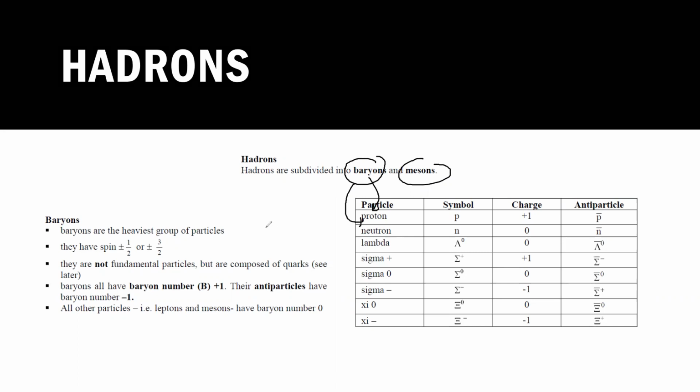For every quark, the baryon number is plus 1 by 3. For an antiquark, the baryon number is minus 1 by 3. Because a baryon consists of 3 quarks, each quark having plus 1 by 3, when we add them we get one whole number. So the baryon number for each baryon is plus 1 and for an anti-baryon is minus 1.